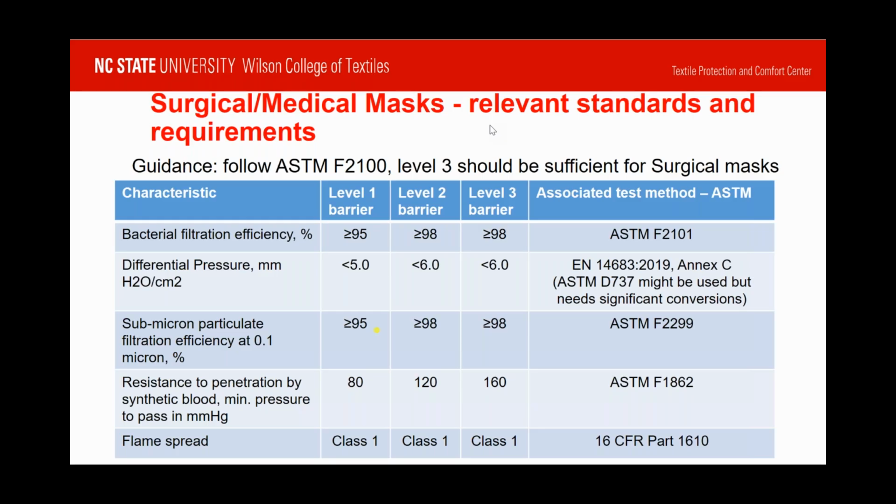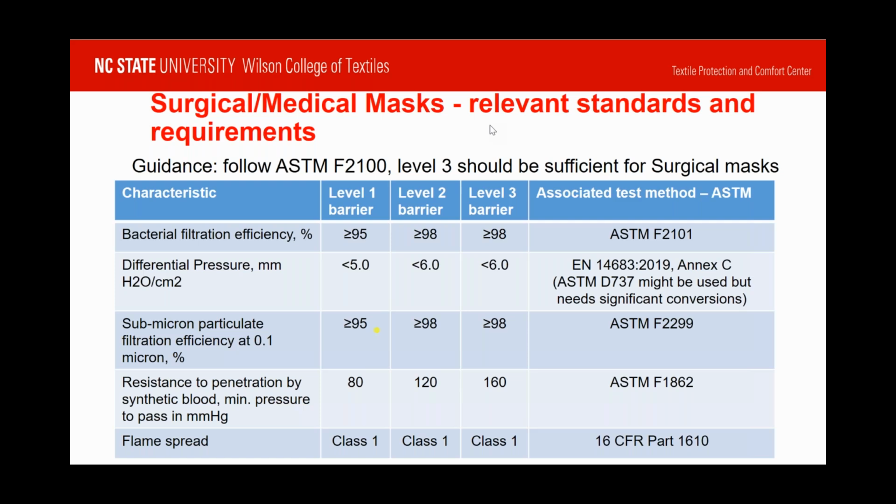You can convert back and forth, but pretty much EN 14683 sets an airflow and measures the pressure, whereas the ASTM does it vice versa. It sets a 125 Pascal pressure and then measures the airflow that goes through your fabric sample. And then it does it in cubic feet per minute per square feet, whereas EN uses international units. So it's a little bit elaborate calculating back and forth, but they are related.